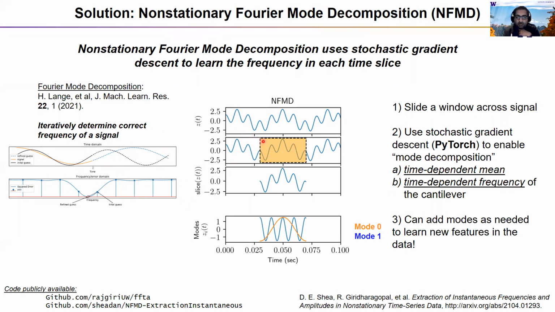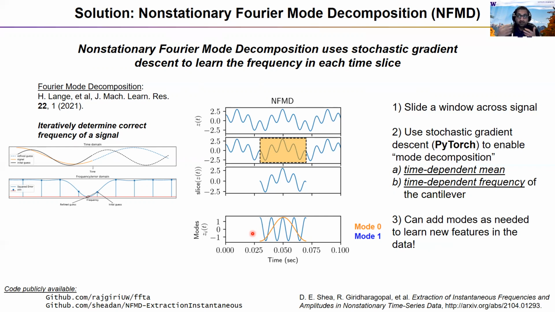At a particular window, like this outlined in this yellow box, here's our raw signal. We then apply NFMD to learn the correct frequency and decompose it into different modes. We say that our signal is composed of a sum of different modes, like the 0th mode might be the mean, and then the first mode might be the actual frequency, et cetera. So we get a time-dependent frequency and a time-dependent set of frequency modes for our data from this mode decomposition by sliding this window across.